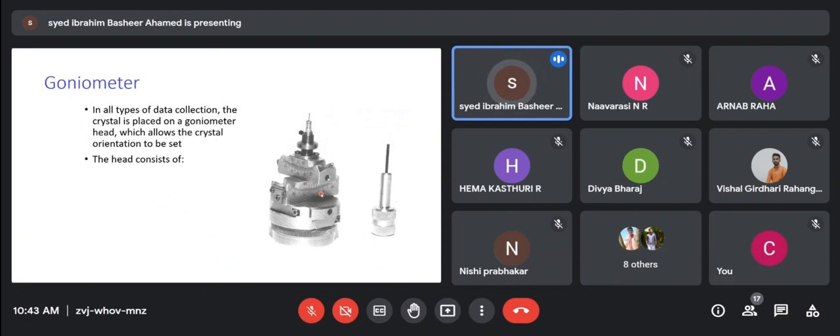This scaling actually allows you to rotate your crystal. It will help you to rotate the crystal in all three dimensions. Whatever you have seen here is only 3 scales. There is another scale, that is this one.